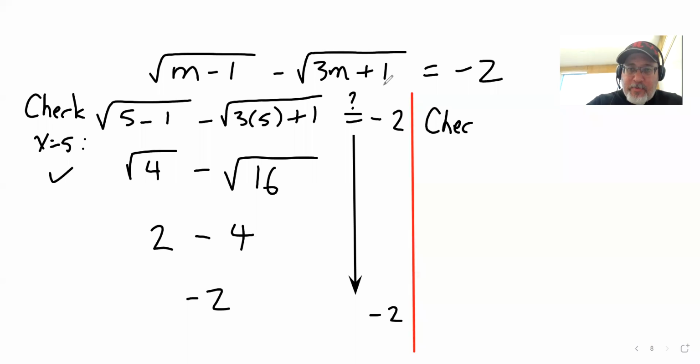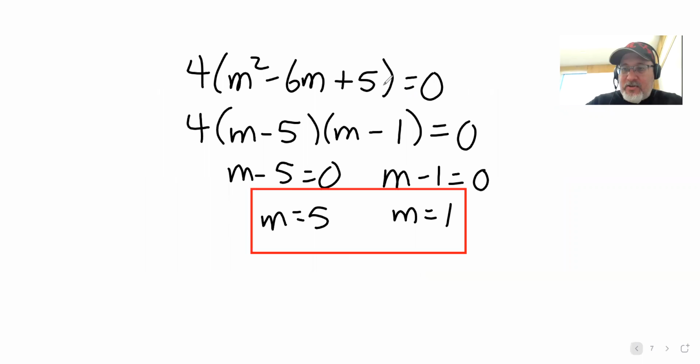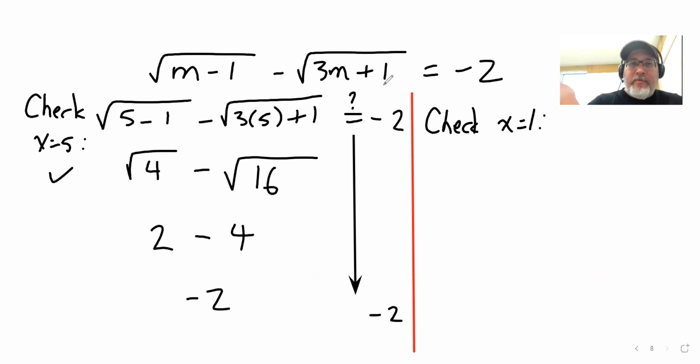That was our other solution, I believe. Or rather, I should say possible solution. Yes, and it wasn't x, it was m. No harm, no foul, but I want this to be technically accurate, so it should have said m equals. If you magically switch from m to x, it's not going to be the end of the world, not at this level. Are we going to check m equals 1?